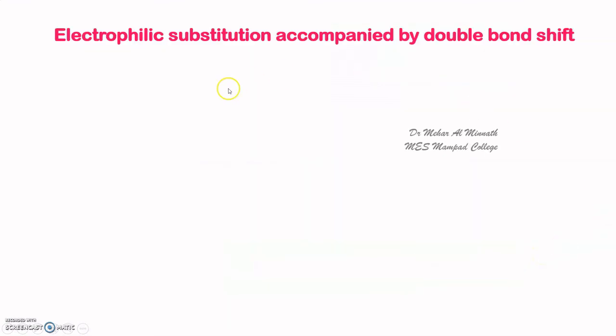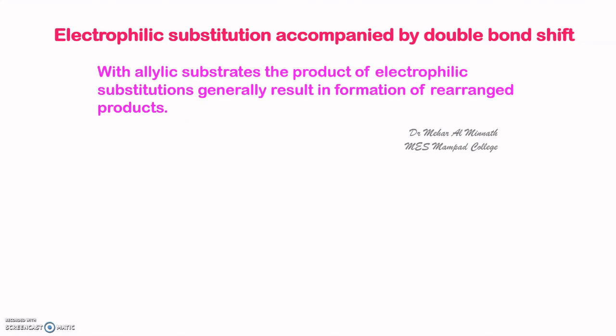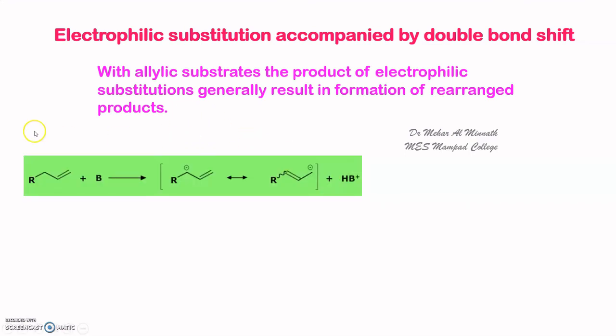Now coming to, when this electrophilic substitution sometimes is accompanied by double bond shift, as in the case of allyl system. We have seen this for nucleophilic substitution also. So when the allylic systems are the substrates, then there will be rearrangement, there will be double bond shift. So here you can see the base abstracts the proton from here, you get allyl carbanion, which will be stabilized by the shift of the double bond, and the carbanion becomes a primary carbanion.